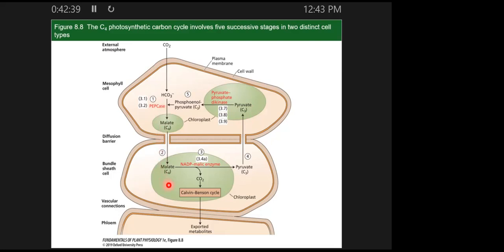Decarboxylation just means malate's getting a CO2 cleaved off of it, and then regeneration. I do want you to know those 3 terms of the C4 cycle. And then the idea that most of the Calvin cycle is happening in the bundle sheath. It's not happening in the spongy mesophyll.